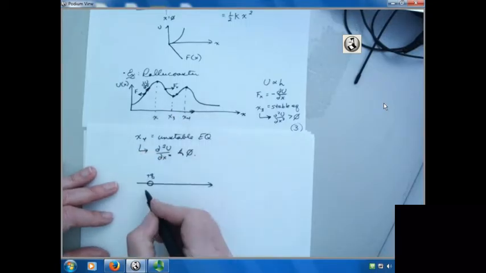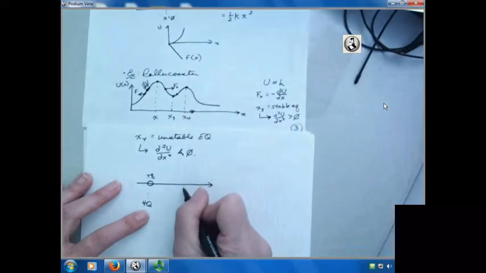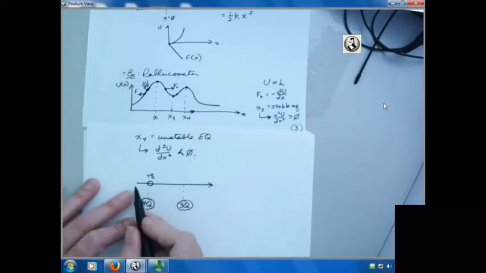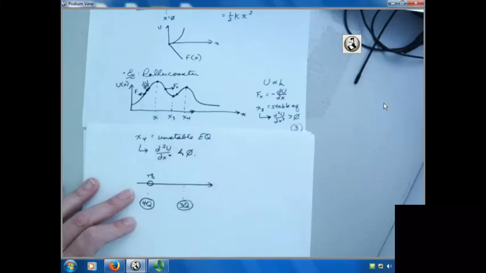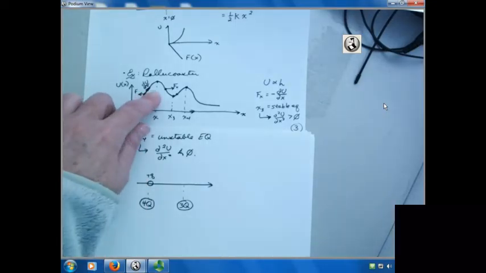At this location, I have a source charge of 4q, and at x4, I've got something a little less, maybe 3q. It's not exactly on the wire, but it's near the wire, and this bead is confined to the wire, so it's going to move just like that roller coaster did. It's going to have a very similar potential energy diagram. Do you guys see that? When they're close, potential energy is going to go through a peak. Okay. So that sort of thing.